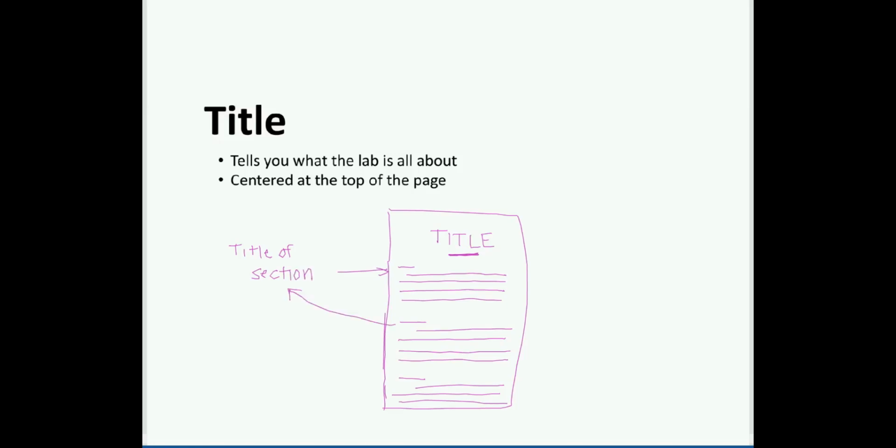That's what these are right here. And then this is the text of the section. So this is the important part. So it'll look something like this.